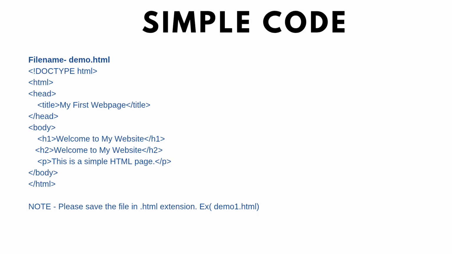This is a simple HTML page, I have just written one line of paragraph and closed the p tag. Tags should always be in small letters. Remember it, don't use upper case. And I have closed the body tag and the HTML tag.